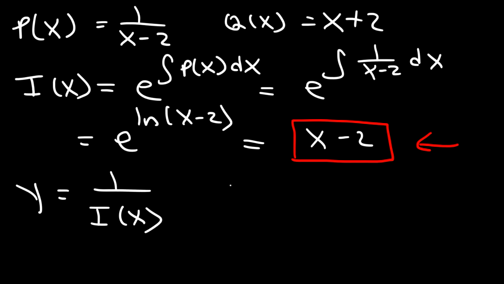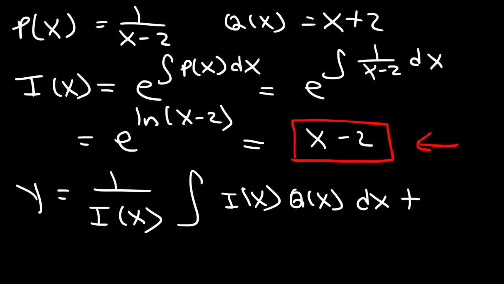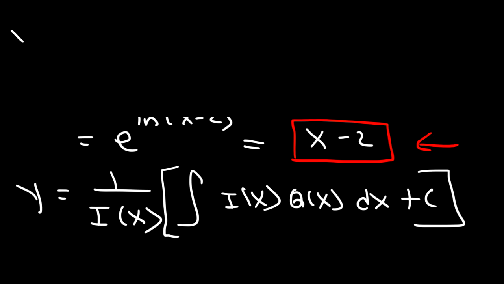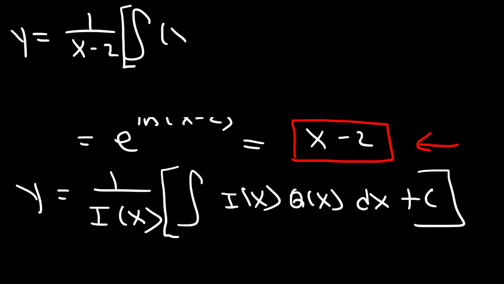So y is 1 over the integrating factor times the integral of I of x times q of x dx plus c. And so that's going to be 1 over x minus 2 times the integral of x minus 2, and q of x, we said, was x plus 2, dx, and then plus c.